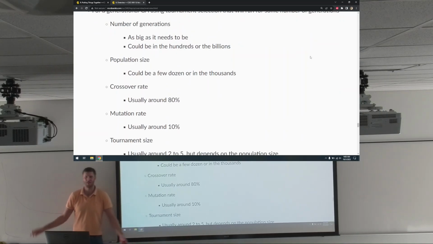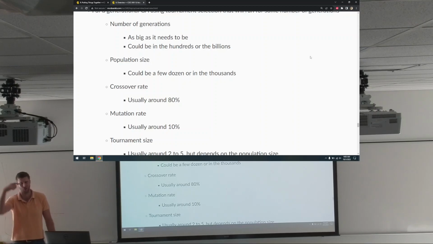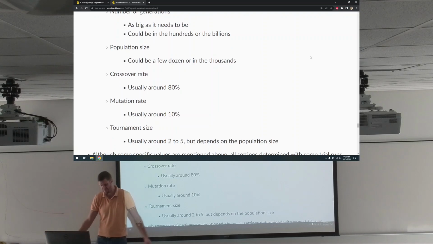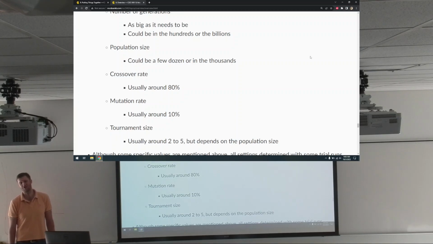Population size, maybe start at 10, try 100, try 1,000, and so on. Crossover rate, I don't know, start around 80%. Mutations, 10%.